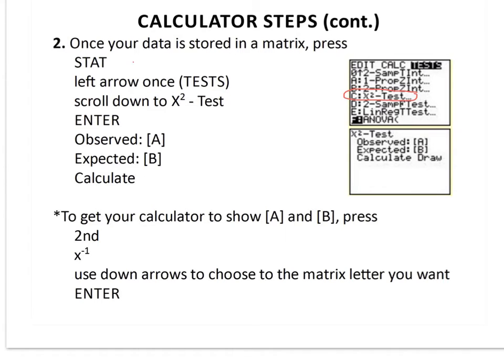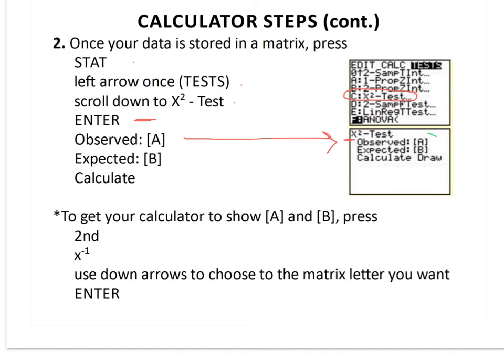So you'll press stat, then test, scroll down to chi-squared test, and when you press enter, you're going to get to this screen, and it's going to say chi-squared test, observed, expected, and calculate.